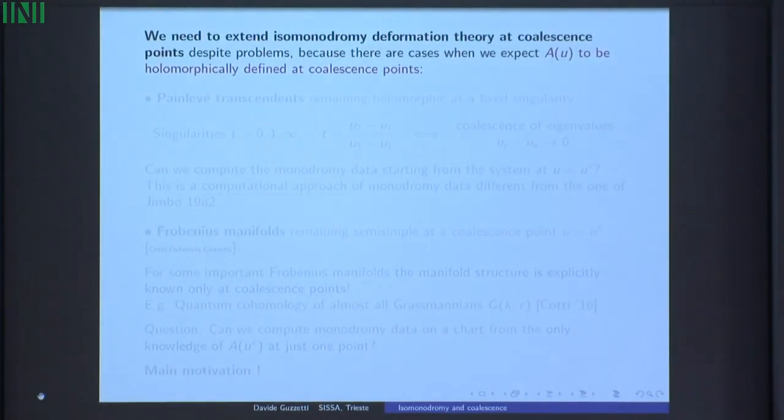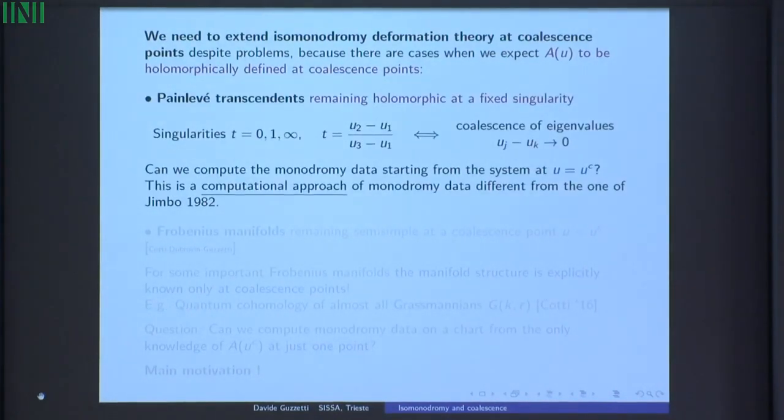Of course, there is some necessary condition we need to impose. First of all, we assume that A of u is holomorphic in our polydisk where there is coalescence. So why are we interested in this extension? Well, first of all, in the case of Painlevé transcendents, when the system is three-dimensional, there are cases when A of u is holomorphic at coalescence points.